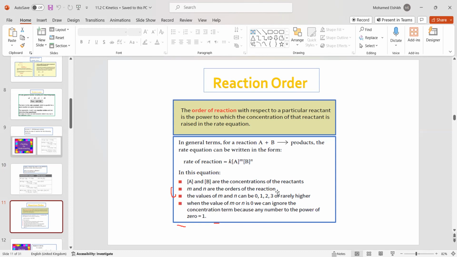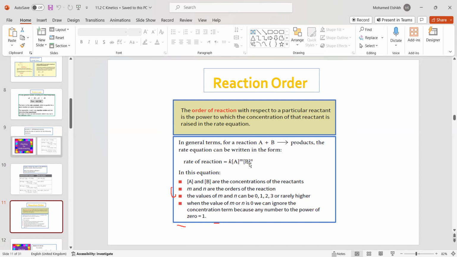Now, the reaction order can be any number, starting from 0, 0.1, half, but generally at this level, we will be speaking strictly about 0, 1, and 2. Fine, but don't be surprised if you looked somewhere else and you found the reaction order to be 0.5, for example.